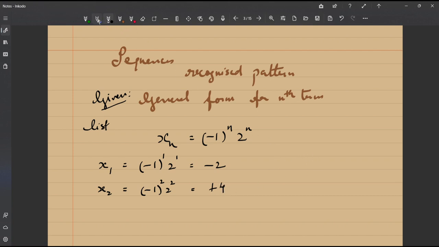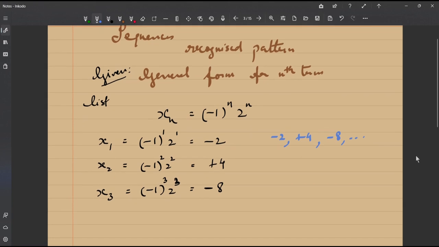Let me keep writing the sequence here, minus 2, plus 4. And what about my third term? x3 would be equal to minus 1 cubed into 2 cubed. 2 cubed is of course 8, and since minus 1 is raised to an odd power, we have a negative 8. So this is going to be our sequence and so on.